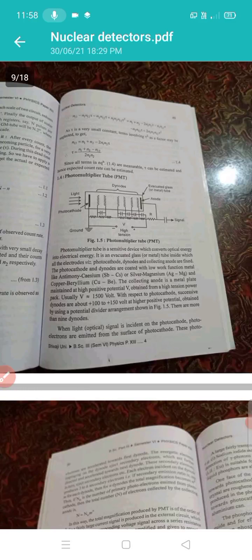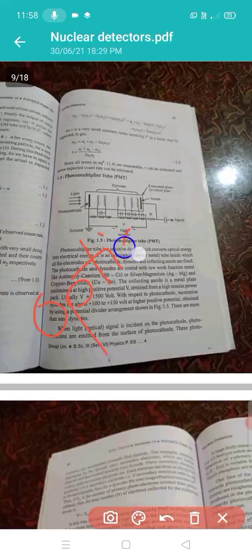See, a photomultiplier tube is a sensitive device which converts optical energy into electrical energy.